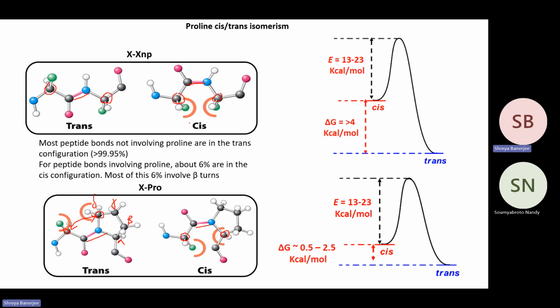The cis percentage will hardly be 5%. But when you have a proline, because the energy difference is much reduced, the percentage of cis increases. Cis will exist in around 30%, while trans is still the major. Cis, which was only around 5% there, becomes 30% here, because the trans is also destabilized by steric interactions.